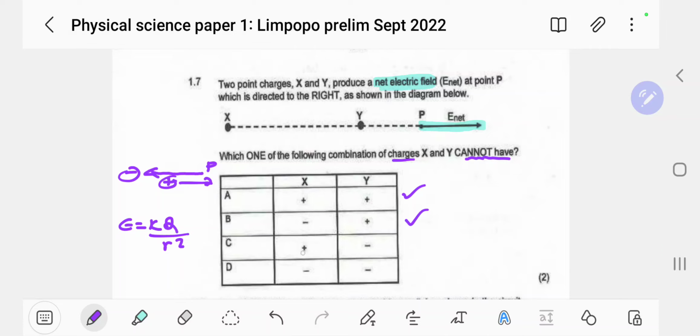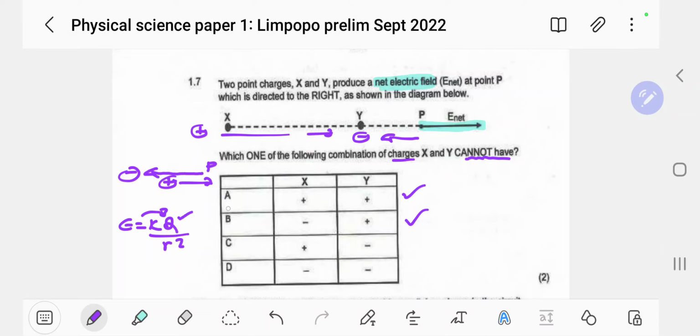And then C, can this be positive and that one be negative? Well, that is possible. Why? Because remember what is on the numerator is the charge. Let's imagine we have a positive charge here and then a negative charge. The negative charge would be trying to pull the electric field towards its center, while that one is pushing it away. Now these two are opposing each other.